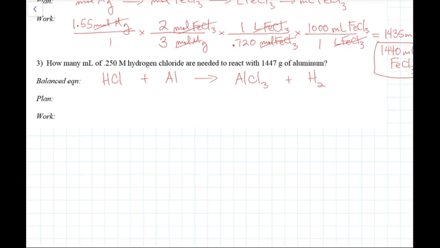Because we have a 3 behind chlorine, and a 2 behind hydrogen, HCl over here is going to have to go to 6. And that means I'm going to have 3 hydrogens, 2 aluminum chlorides, and then that means I have 2 aluminums here. So I have to have a 2 in front of Al there. That one's a little bit tricky in terms of balancing, but there it is.